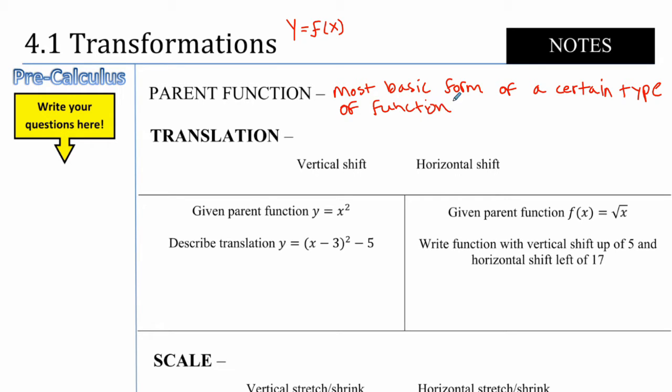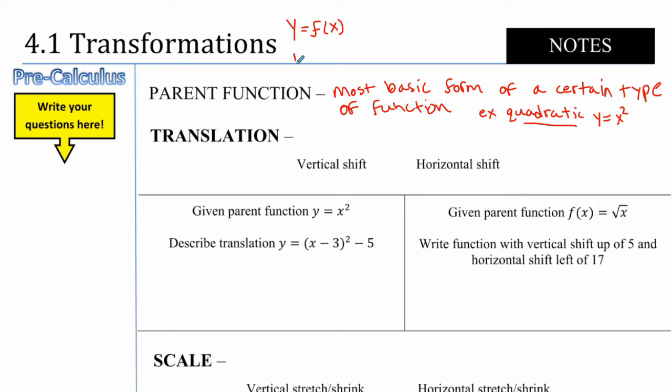So for example, if we talk about quadratics, the most basic quadratic I can write would be just y equals x squared. Anything else I do to manipulate that would fall in that function family of quadratics, where x squared is the parent function. All right.